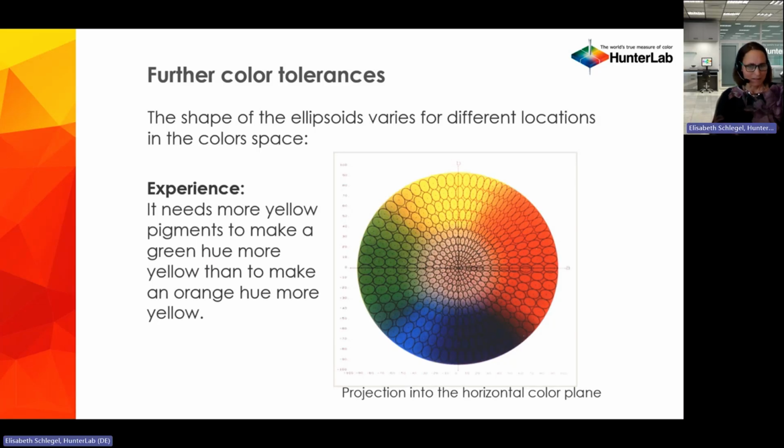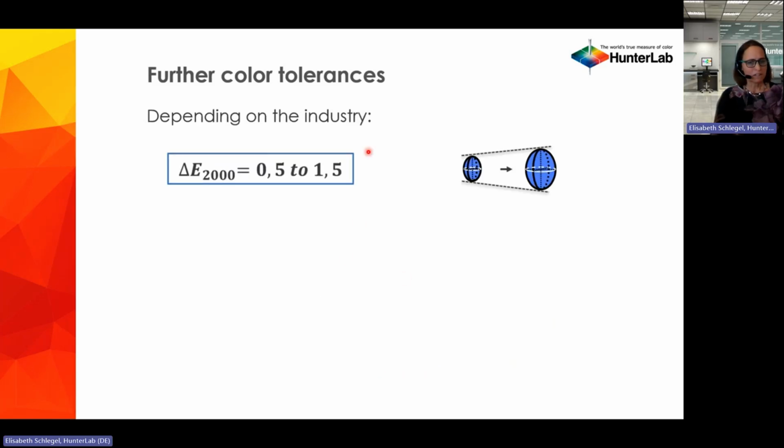Okay. And so if you now ask what values would be good for a delta E 2000, generally it's from 0.5 to 1.5 or even to 2. It depends very much on the industry it's used in.